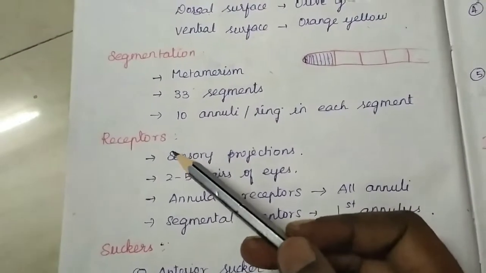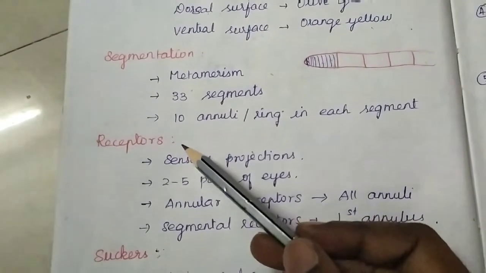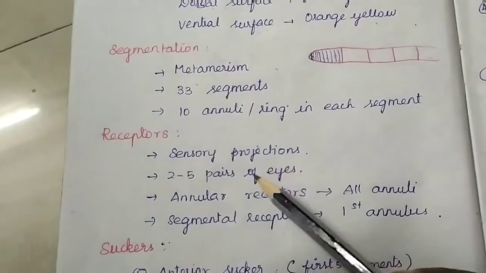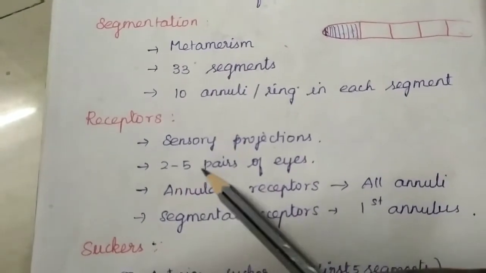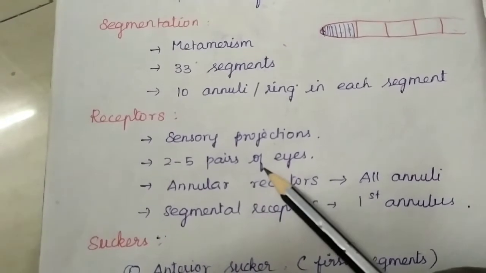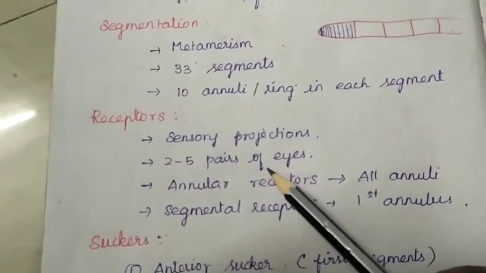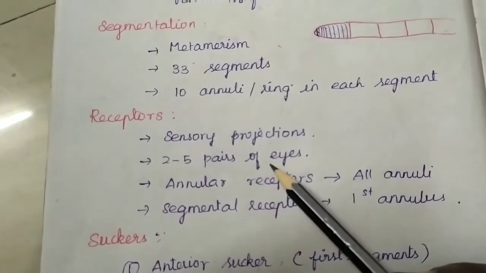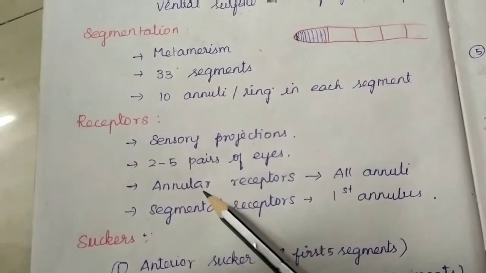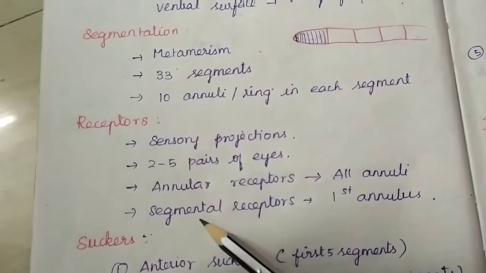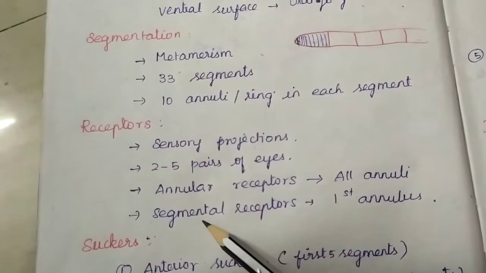And next one is receptors. Receptors are the sensory projections. A leech consists of 2 to 5 pairs of eyes. Totally 10 tiny eyes are present in the anterior sucker. And it consists of two types of receptor. One is annular receptor, another one is segmental receptor.